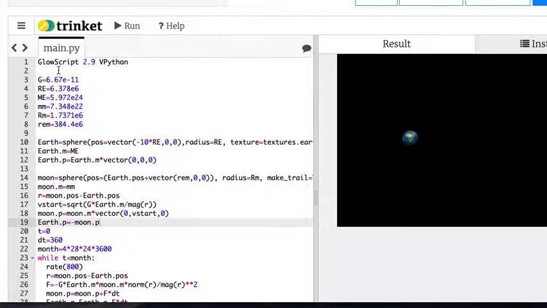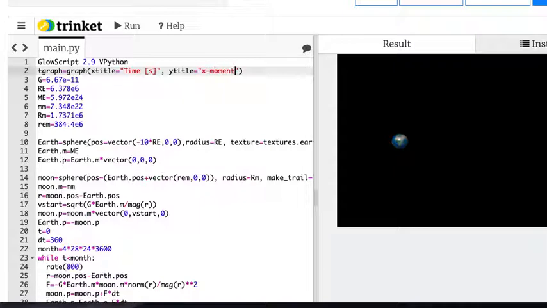How about we plot the momentum? T graph equals graph. X title equals time. Y title equals x momentum in kilograms meters per second.